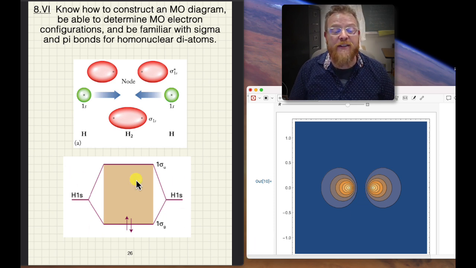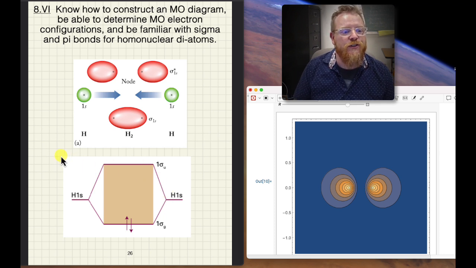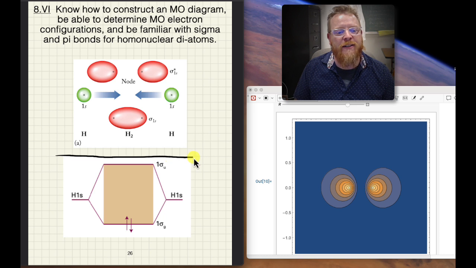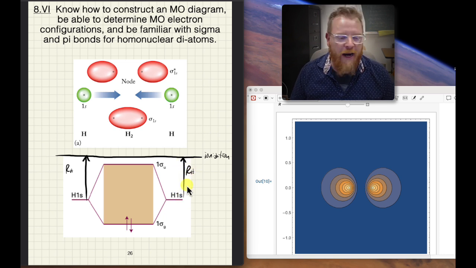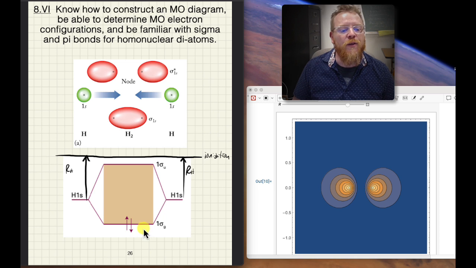Additionally, the appearance of these energies are based on our energy solutions that we discussed. So we think of the top of this diagram related to some threshold describing ionization. The energy of H1s is given to us by the Rydberg constant. That was our solution for hydrogen 1s. The 1σg is given to us from our bound state.